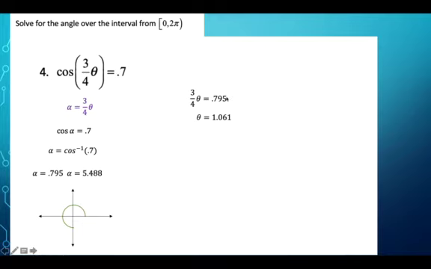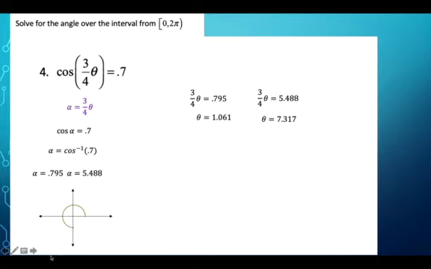Great. Remember, the 0.795 was our quadrant 1 angle. If I take this angle, the 5.488, and multiply both sides by 4/3, it gives me 7.317. This is bigger than 2 pi, which is why down here I was saying, we know this is quadrant 4, but we also know we're only using 3/4 of the circle. So it makes sense that this angle didn't work.